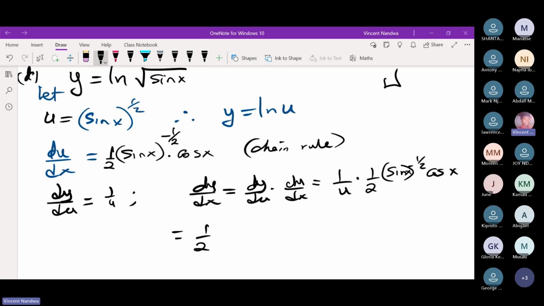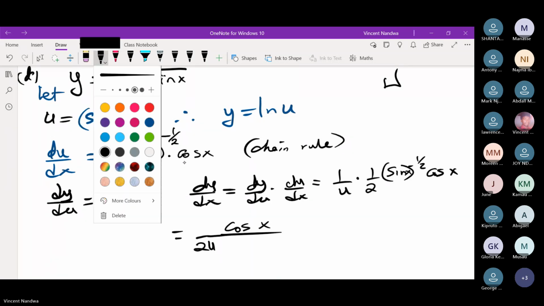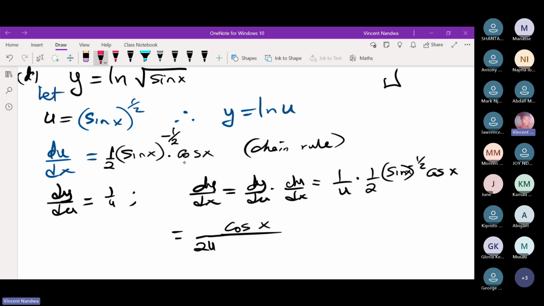Now when I have sine x power negative a half, if I want that power to be positive a half, how will we write that expression?